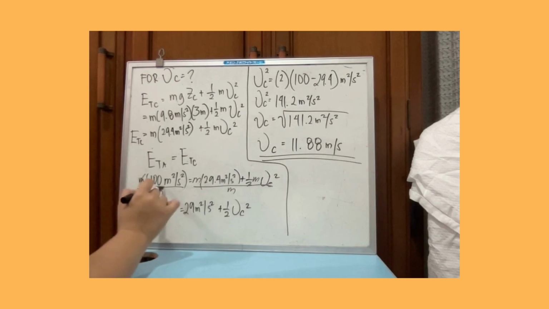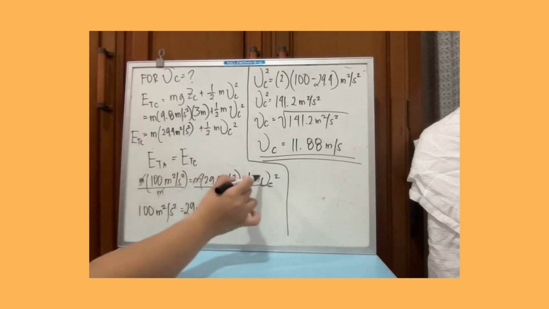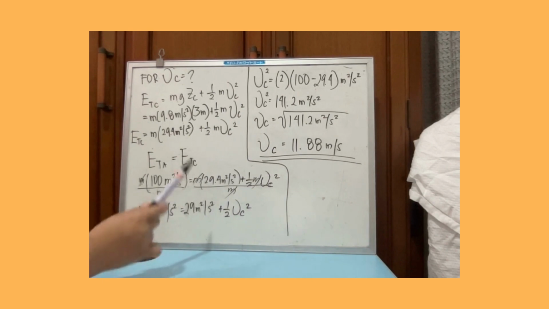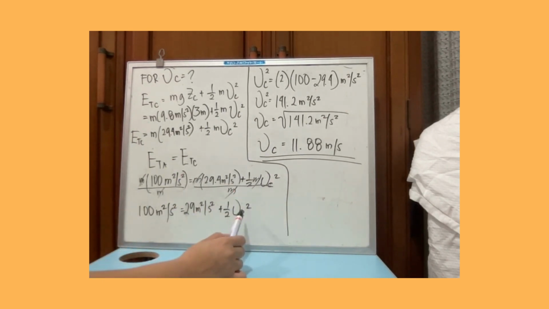So, cancel, cancel, cancel. Ang matitira dyan is 100 meter squared per second squared is equal to 29.4 meters squared per second squared plus 1/2 times speed sub C squared.